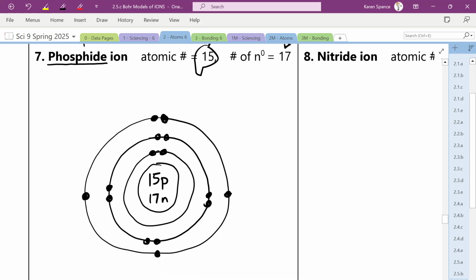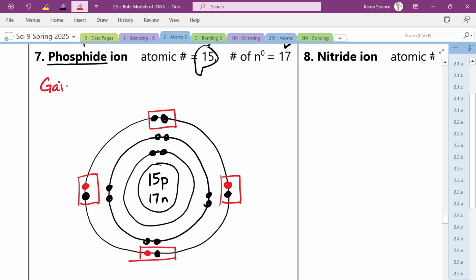Now, if you remember, each of these little rooms, quote unquote rooms, can hold 2 electrons. That one's full. This one has an empty space. This one has an empty space, and this one has an empty space. Is this atom going to gain electrons or lose electrons? It's going to gain electrons because we only have to gain 1, 2, 3 electrons.